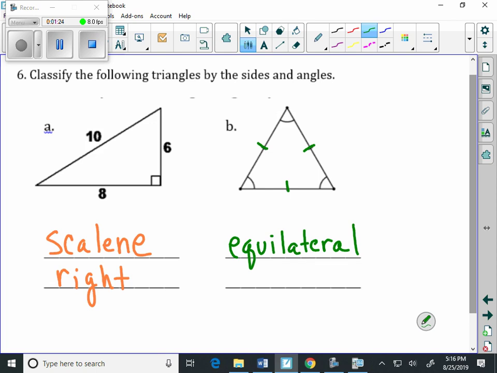We have an equilateral triangle. And we also have the same thing occurring with respect to the angles. We have 1 arc, 1 arc, 1 arc. So all of those angles are the same. So it's an equiangular triangle.